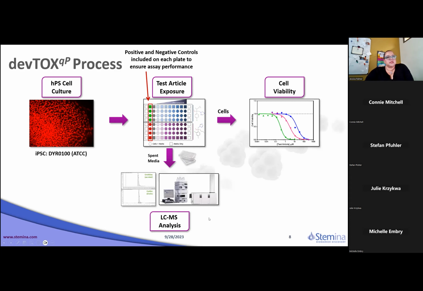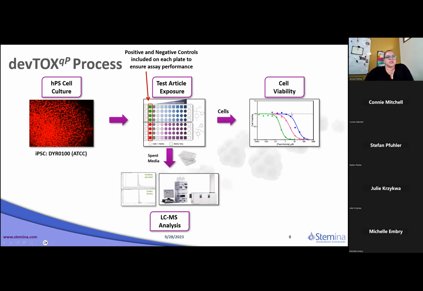And this analysis also includes internal standards to remove instrument variability, et cetera. And because we're looking at that spent media, it allows us to do downstream analyses on the cells. So we always do a cell viability assay, so we're able to compare the results of the metabolism to the cell viability.